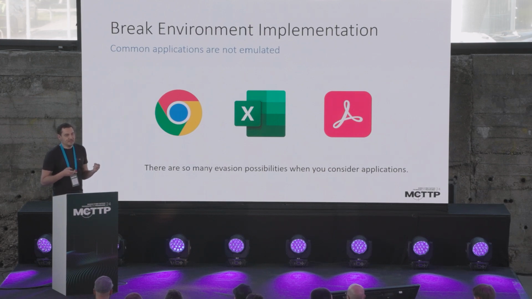And if you are in a red team, maybe you already did some kind of assessment of the target and you know some stuff about it. Maybe you know they have a specific software installed. So you can just look for that artifact, and if that artifact is there, you trigger your malicious routine. Obviously, the antivirus emulator will not emulate that artifact. So that's a great bypass, especially if you know something about your target.